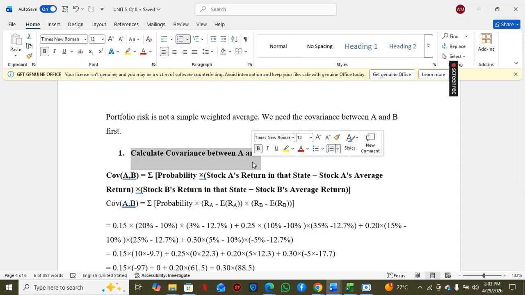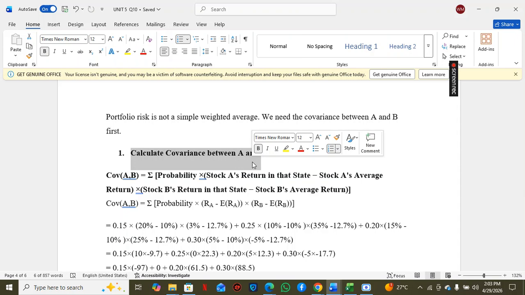Meaning, if company A is doing well and profits are being made, company B should also follow in the same way. That's a positive relationship. A negative relationship is where company A is doing well, company B is doing badly, and vice versa.